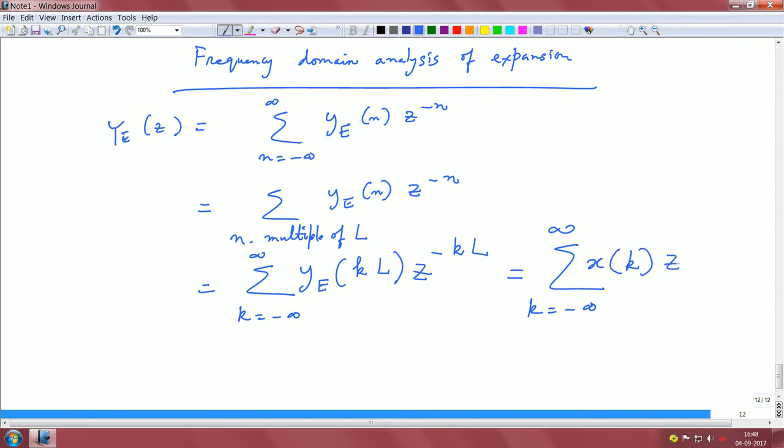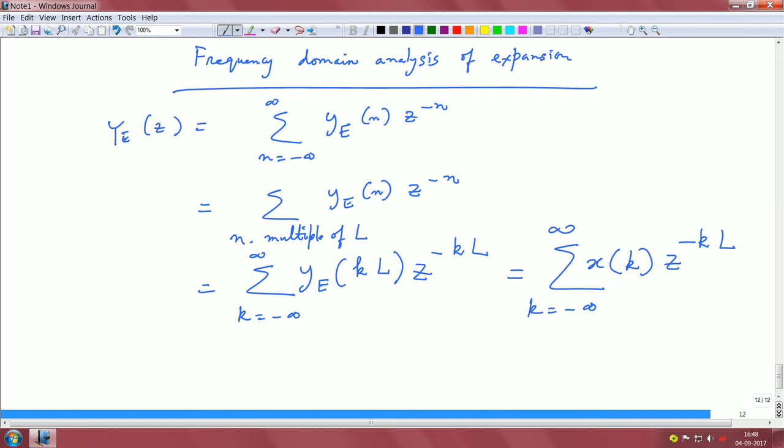x of k z power minus kL, right, because Ye of n is x of n upon L, that is what we had.